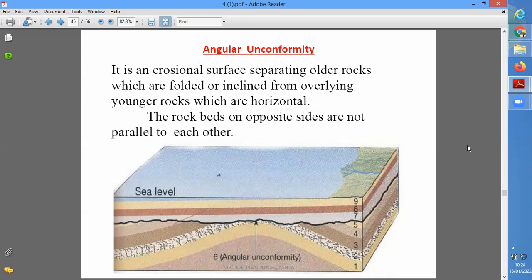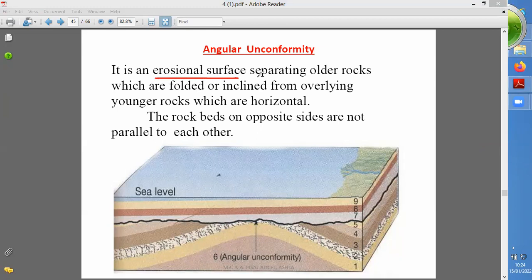Now, what are the key important points from this definition of the angular unconformity? Look at the words. Just a minute, I will activate here. Now, erosional surface which separates older series which is folded or inclined and overlying younger which are horizontal.